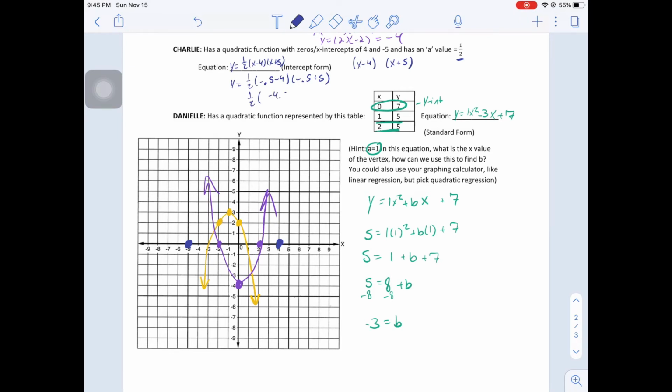So that's 1/2 times -4.5 times +4.5. Plug that into my calculator real quick. So 0.5 times -4.5 times 4.5 gives us -10.125, so -10.125 is like right there. And then that's 3 points, so we'll graph it.